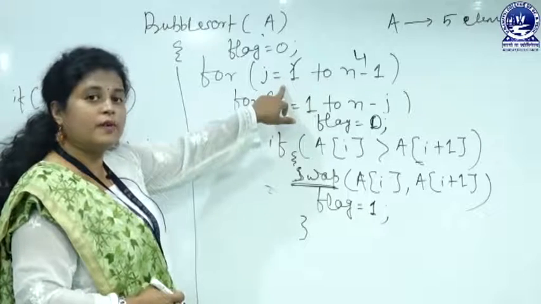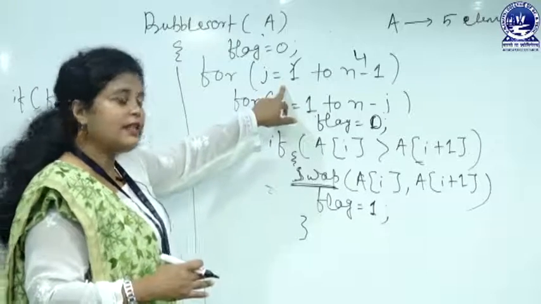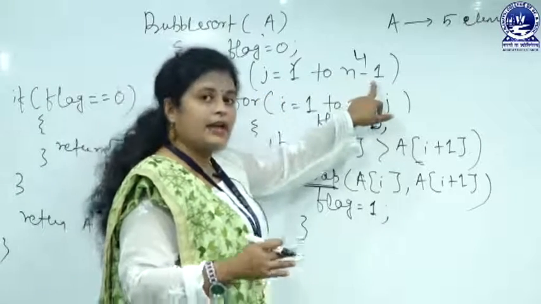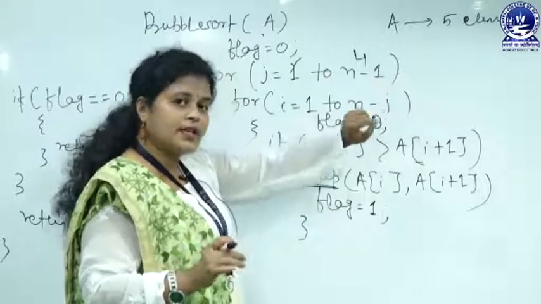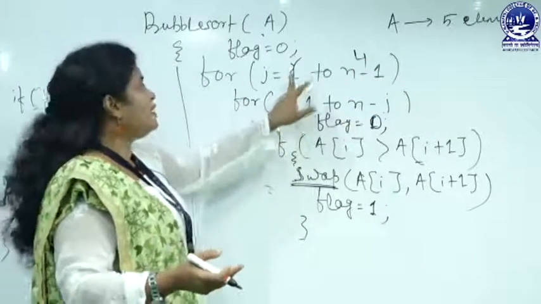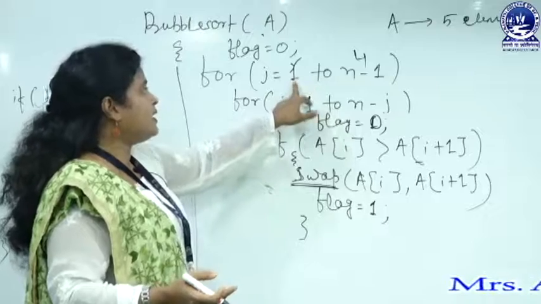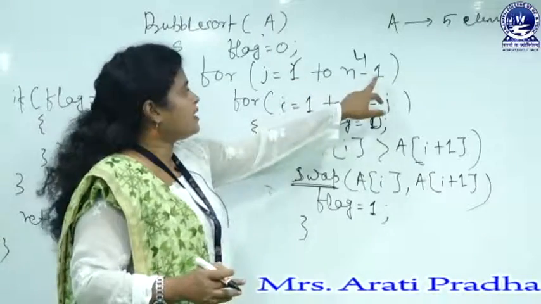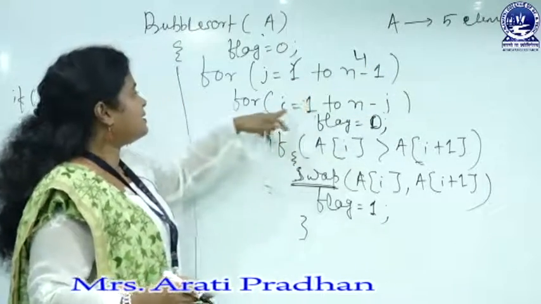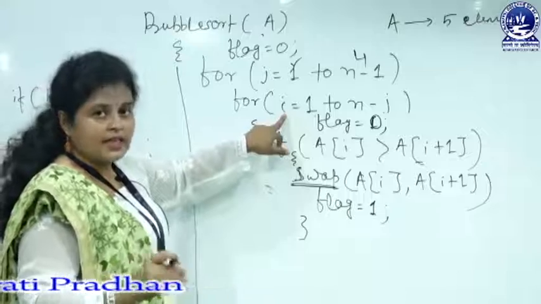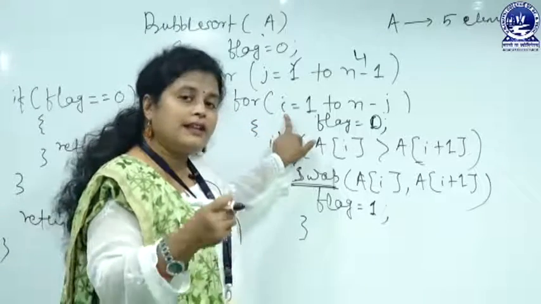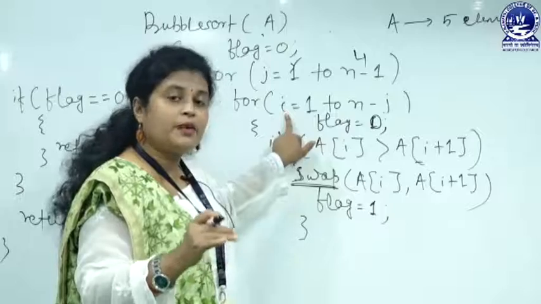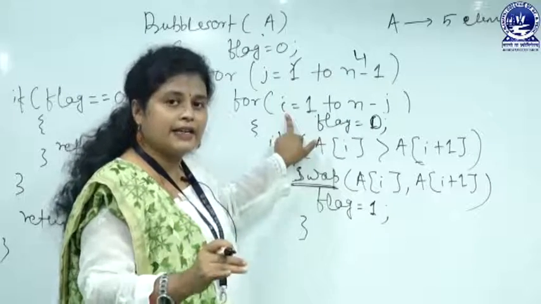The first loop will be continued from the first location till n minus 1. And here I have used a list which consists of 5 elements. So, to explain, the loop will be continued from 1 to n minus 1, that is 4. And the second loop, the inner loop, will be continued from 1 to the last location for the first time, but gradually it will decrease.